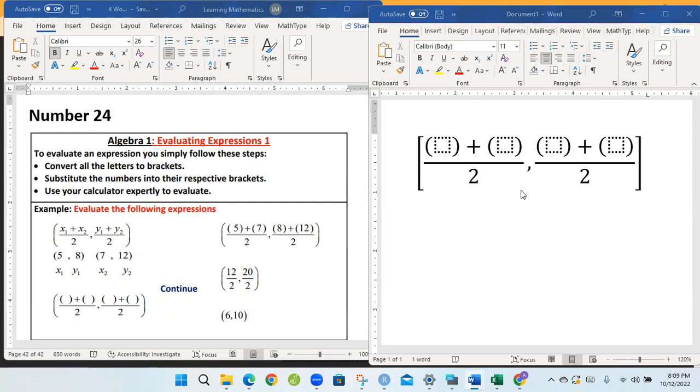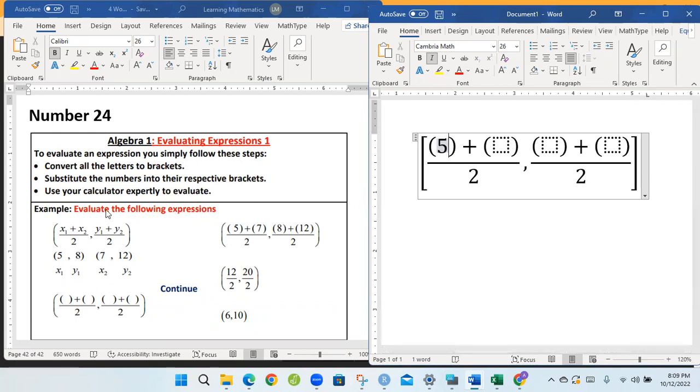So we want to know what is x1 and what is y1, what is x2 and what is y2. Here we have x1 and x2. x1 is 5. So we create brackets and substitute 5. x2 comes in there now. What is x2? x2 is 7.